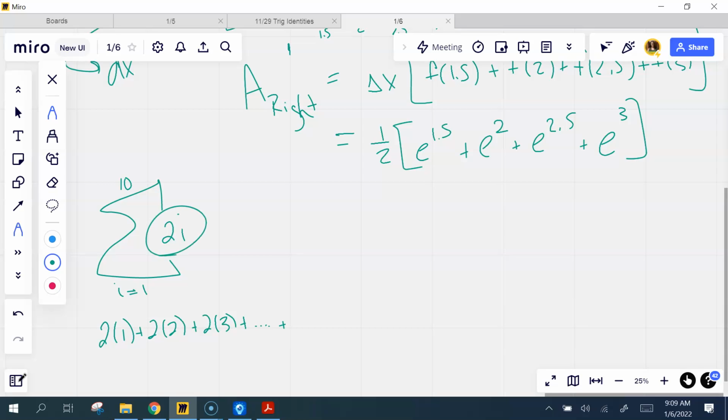The equation is 2 times i, up until i is 10. Or if this was 2i plus 5, each one of these would have a plus 5 on it too.